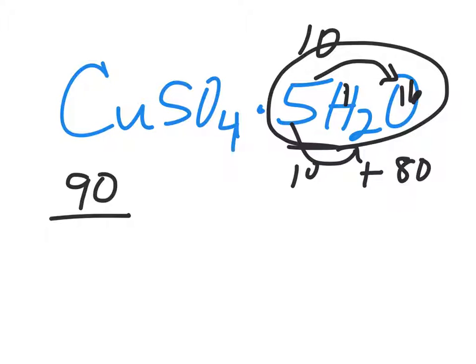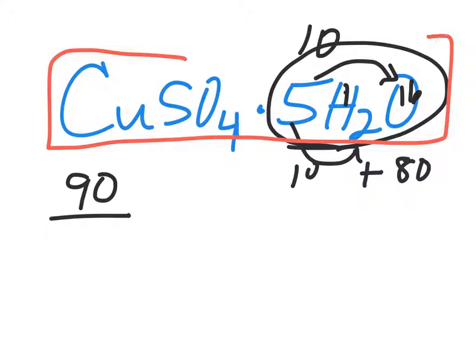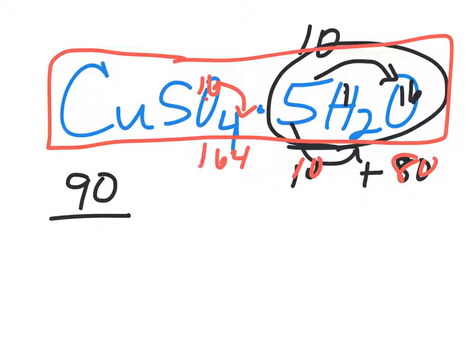And at the bottom, I have to get the total weight of the entire compound. So I already have 80. I have 10. Here, oxygen is 16. 16 times 4 gives me what? 64. Very good. Sulfur weighs how much? 32. Very good. And copper is? 64.